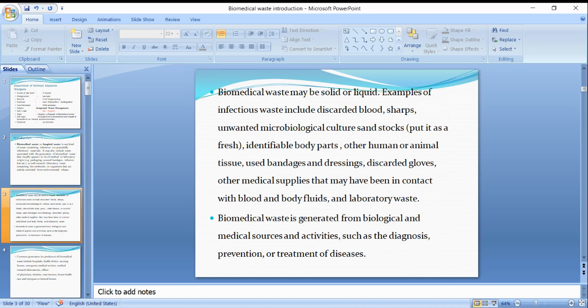For that purpose, they will store it fresh in one place. Then there are identifiable body parts and other human or animal tissues. You can observe that there are veterinary hospitals for animals, so animal tissues also.